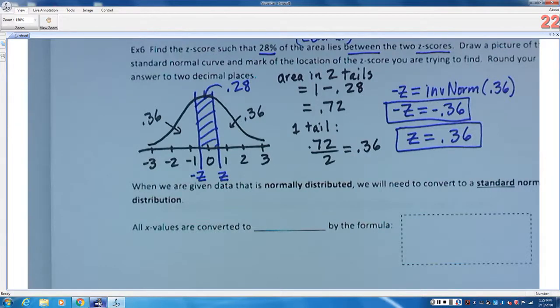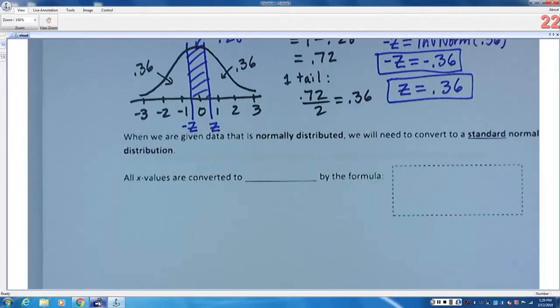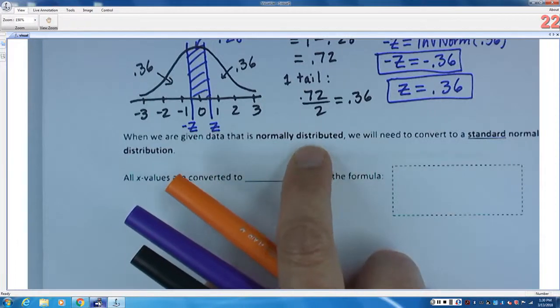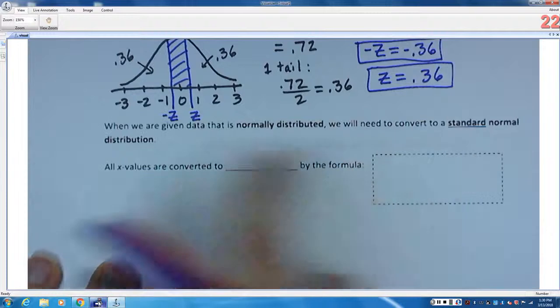So, we've covered the standard normal distribution. We found areas under the standard normal curve using normal CDF, and we found z-scores given an area using inverse norm. Now, if we are given data, we usually are not given z-scores. If the data is normally distributed but not the standard normal distribution, we will need to convert to a standard normal distribution.